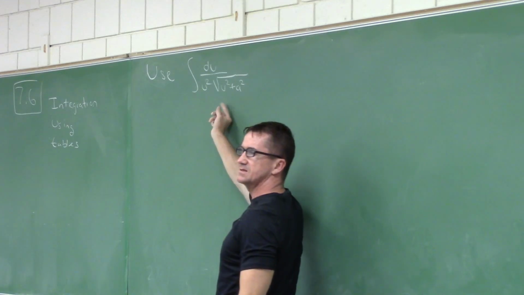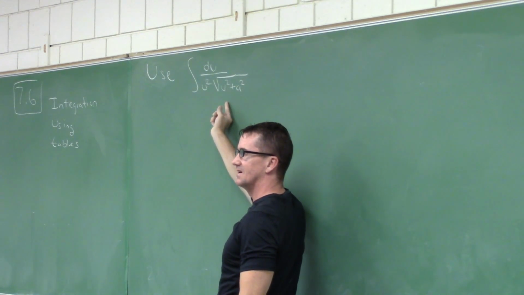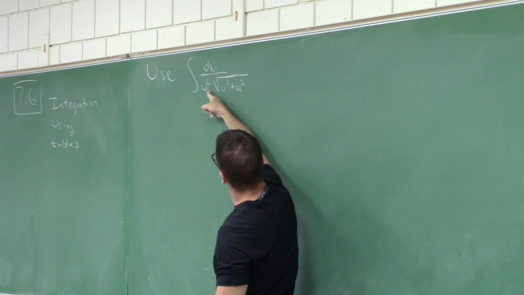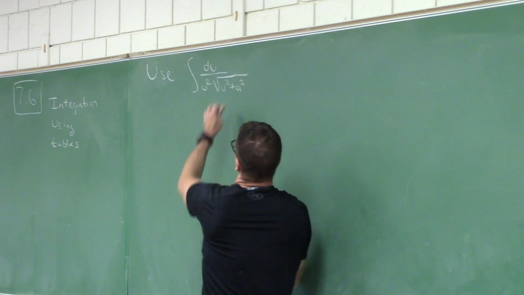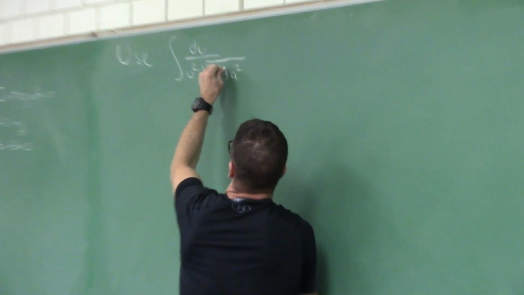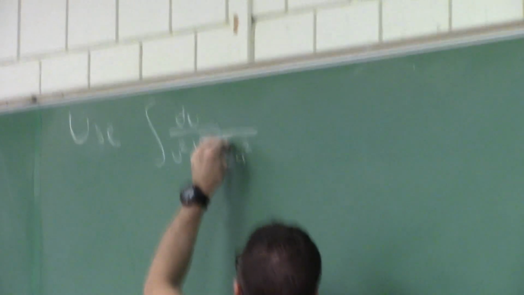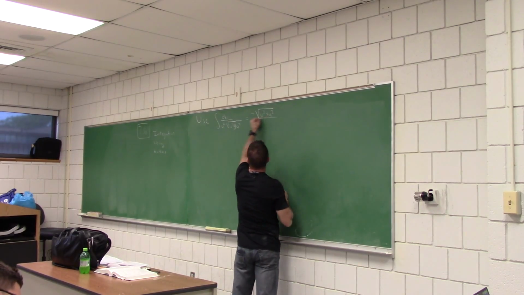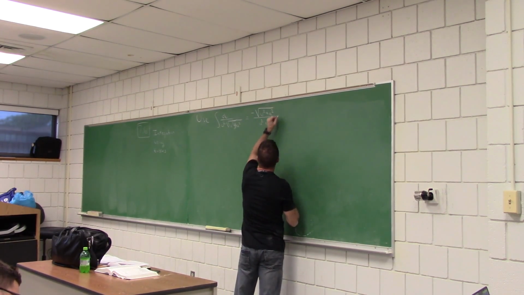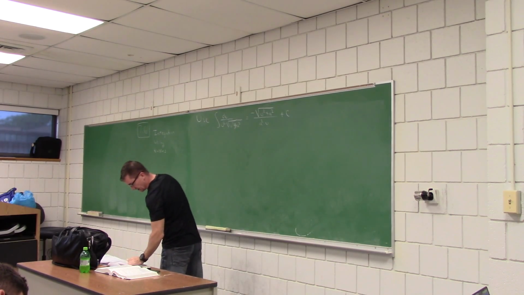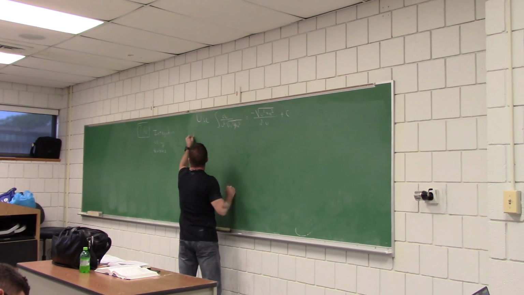Doesn't that look like something from the trig section? It does, I know. But now we're using a formula here to solve this. And we're going to use that to evaluate this integral.